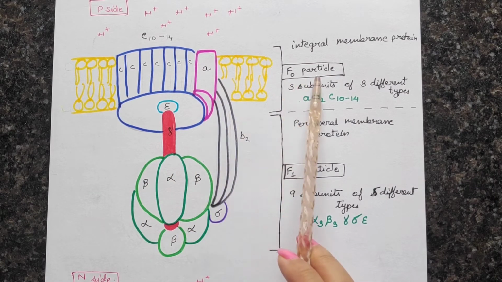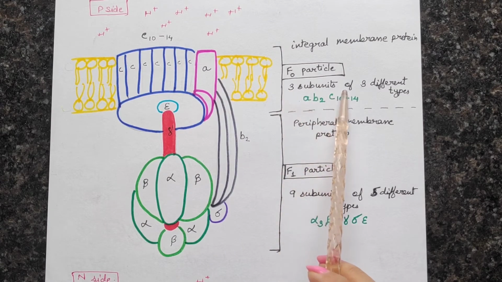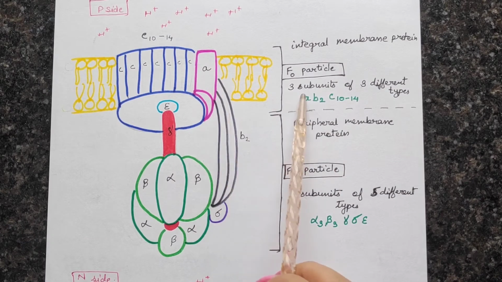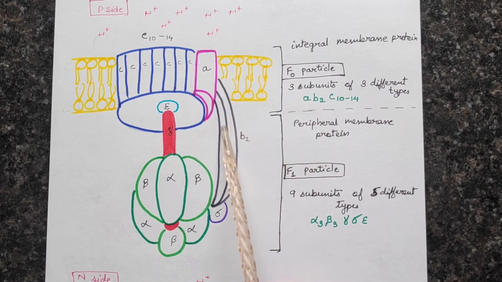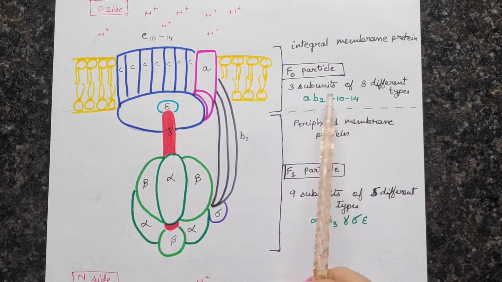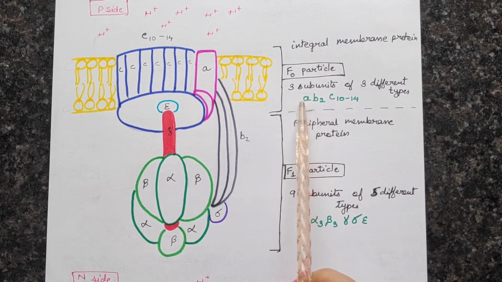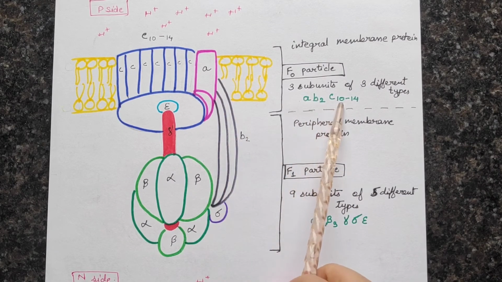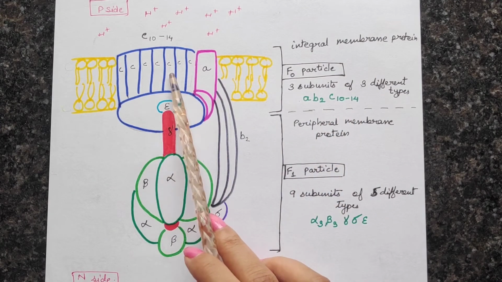Now the F0 particle has three types of subunits: A, B and C. There is 1 A, 2 B, and C is approximately 10 to 14 subunits. So the three subunits are A, B and C of three different types. Only 1 A is present, 2 B are present, and C almost 10 to 14 subunits.